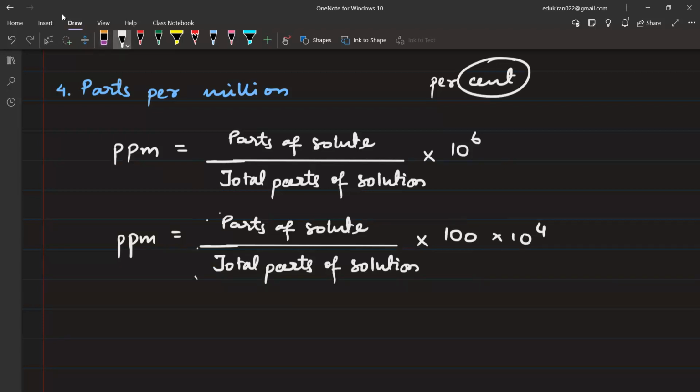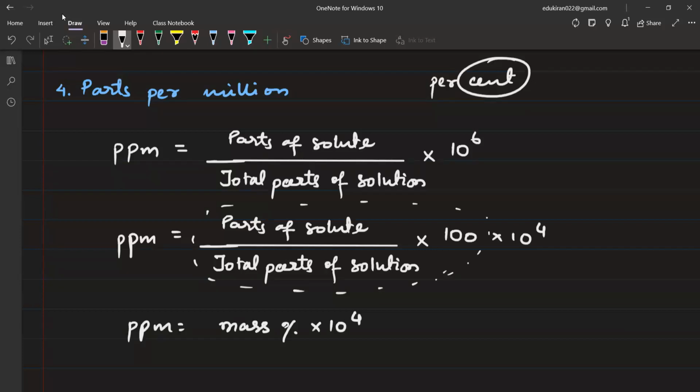Now this whole thing will become percentage. And if the parts are given in mass, then I can write ppm is equal to mass percentage into 10 to the power 4. This becomes mass percentage, if parts is given in mass.